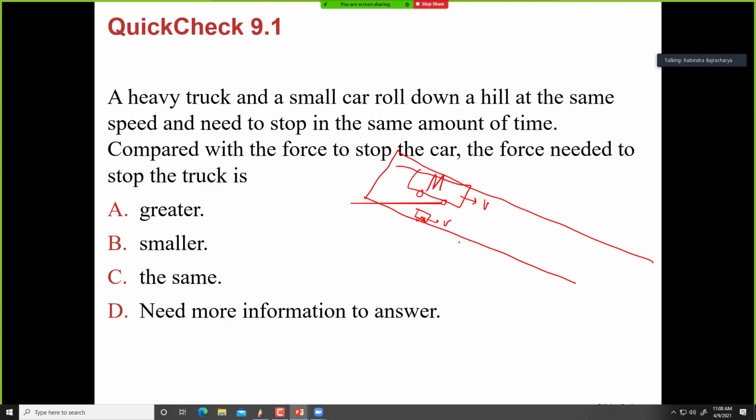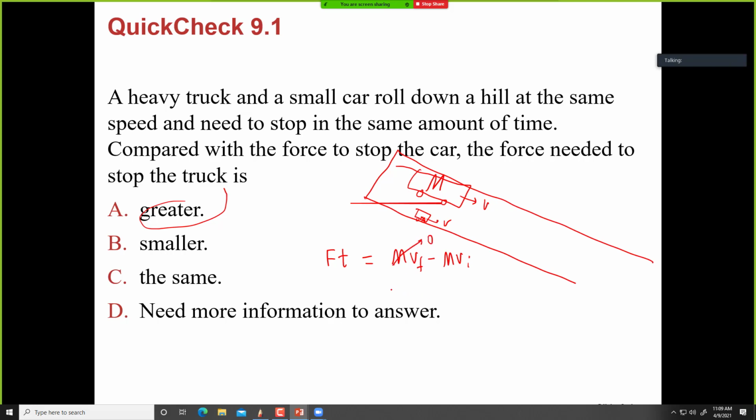Truck, yeah, so that's the truck. And the physics behind that is to stop the truck, you need to apply impulse. Impulse is force times time, which equals mv final minus mv initial. mv final would be 0 because you want to stop that.